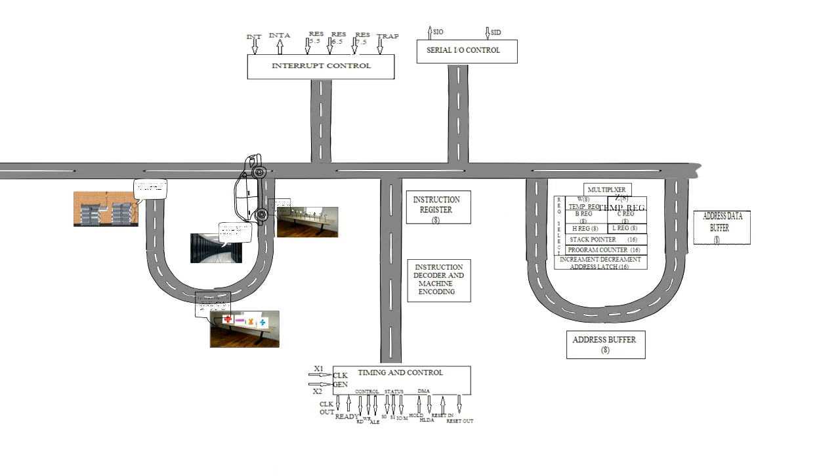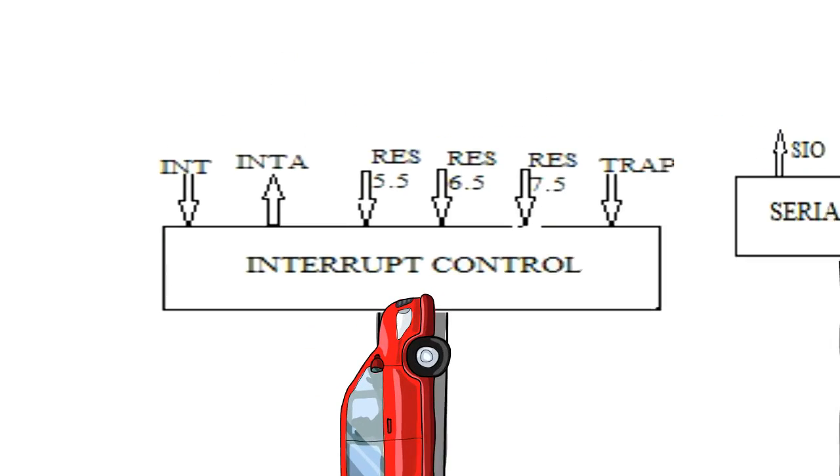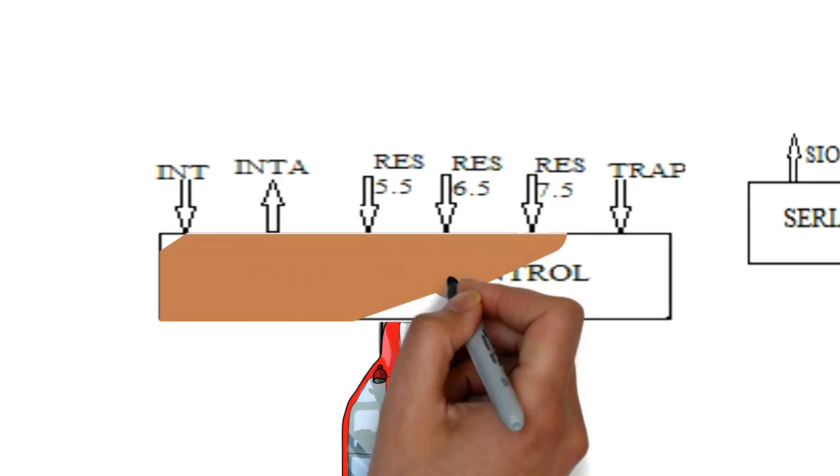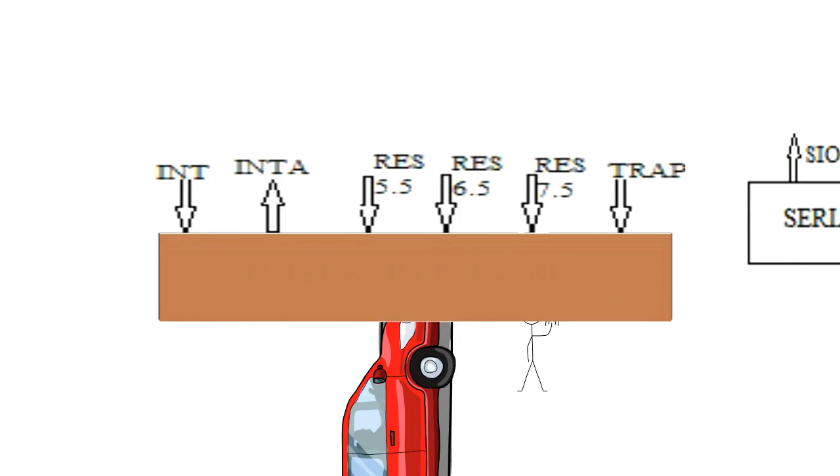Next unit we are heading to is the interrupt control unit. This unit deals with interrupts. Now friends, come out of the car and see the interrupt control unit and its functioning by means of bulbs with respect to each code line, and how the action of an interrupt triggers the glowing of the bulb.